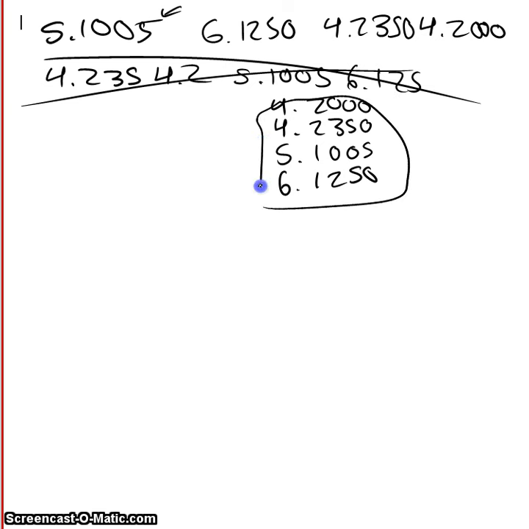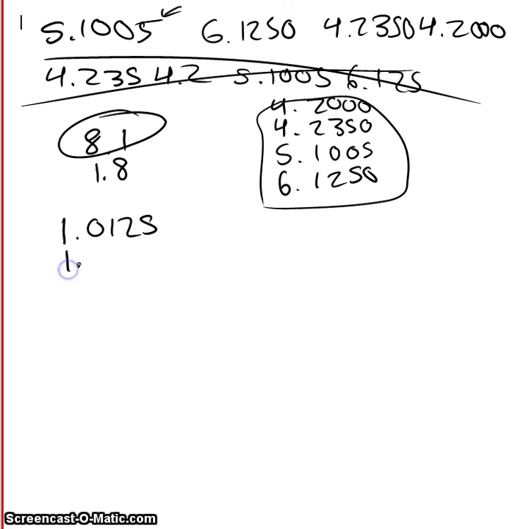Okay, this is correct. And sometimes you get into really tricky ones, like what is the difference between 8.1 and 1.8? You might say, well, obviously, after you've seen this lesson, 8 is bigger than 1, so 8 would be greater. But they could really confuse you and go like 1.0125 or 1.20001.